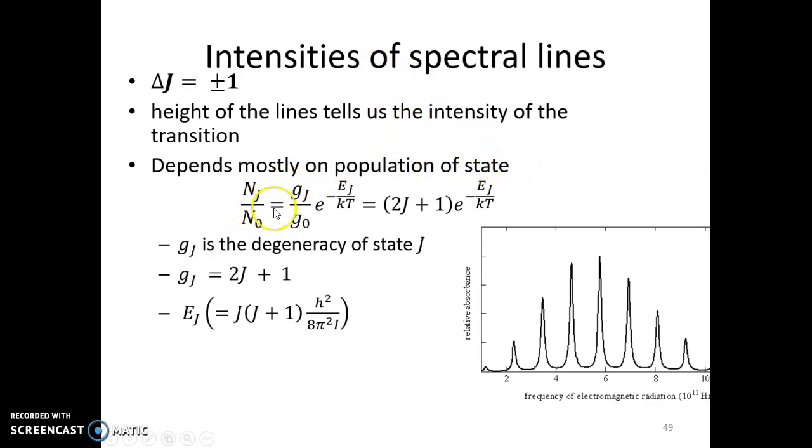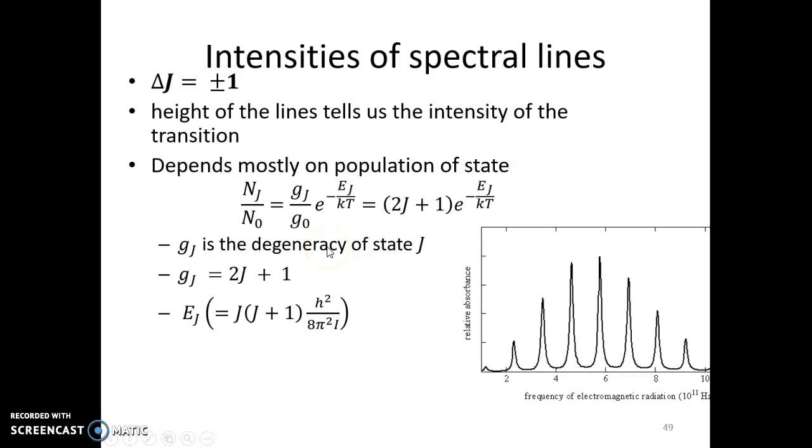The relative population of states for states J, that's just any energy level, with respect to the ground state, is given by Gj over G naught, where Gj, or G generally, is the degeneracy of the state.